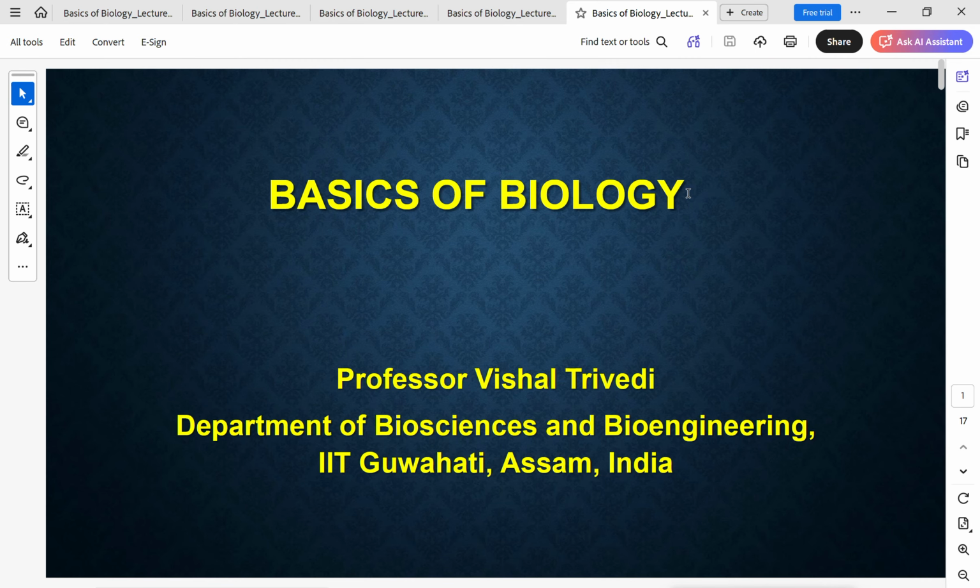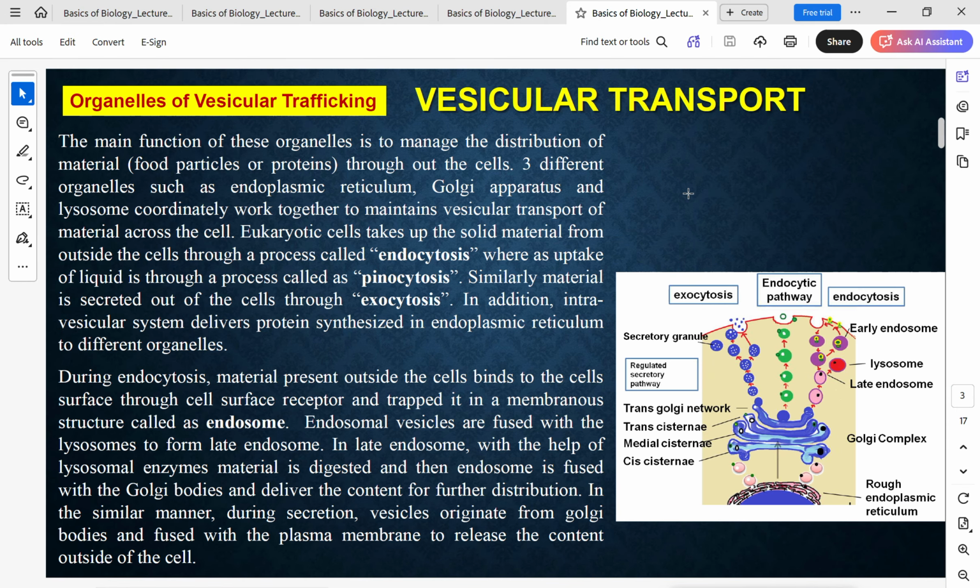So phagosomes, endosomes, lysosomes, all of these compartments constitute the vesicular trafficking system. Apart from this, there are other pathways inside the cell that use vesicular transport to transfer molecules from one organelle to another.